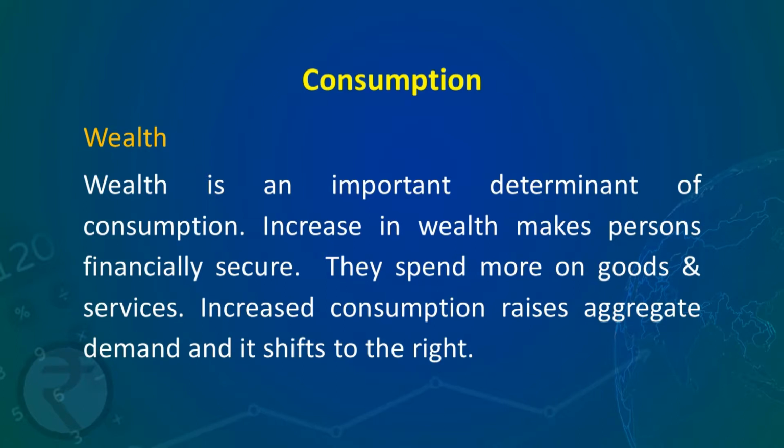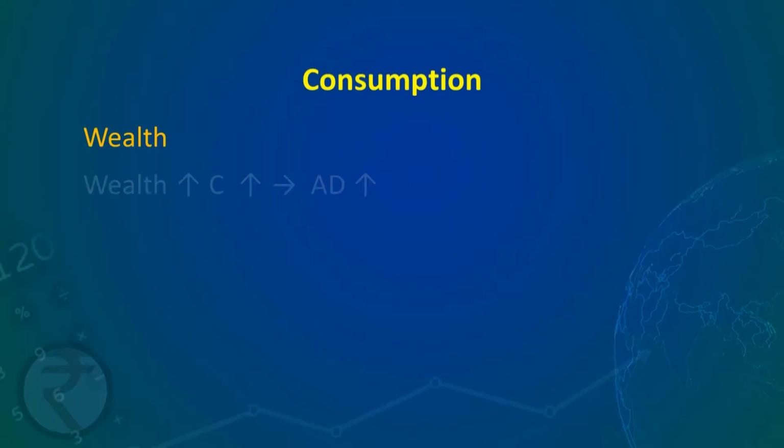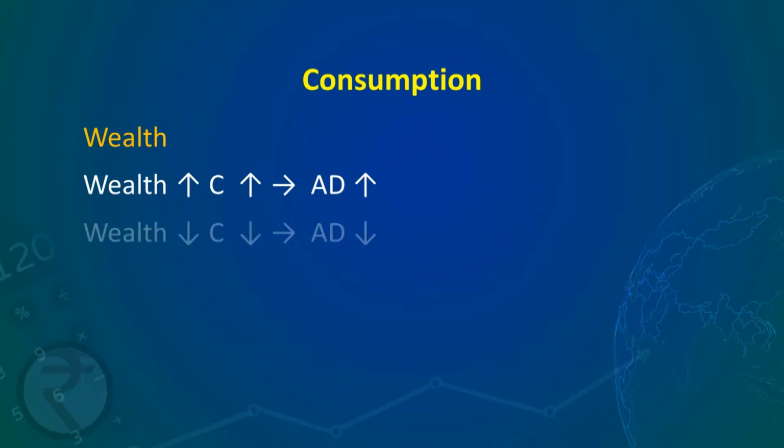They spend more on goods and services, and increased consumption leads to rise in the aggregate demand and it shifts to the right. You must have seen that the persons who are more wealthy, they spend more on goods and services. Now if wealth rises, consumption rises and this leads to increase in aggregate demand. If wealth falls, consumption falls and it leads to fall in the aggregate demand also.